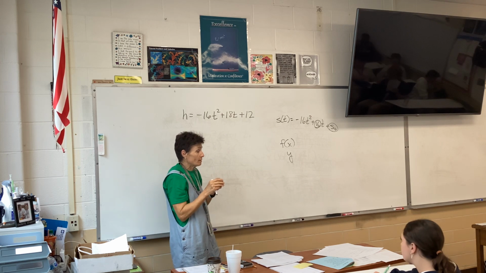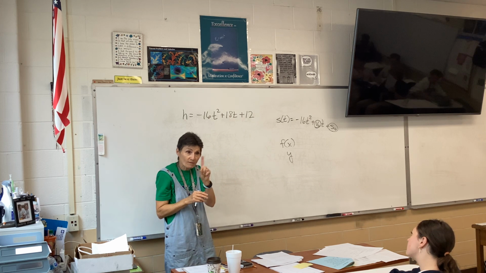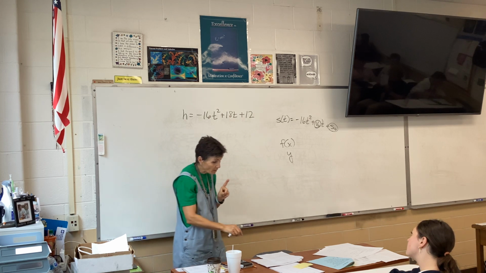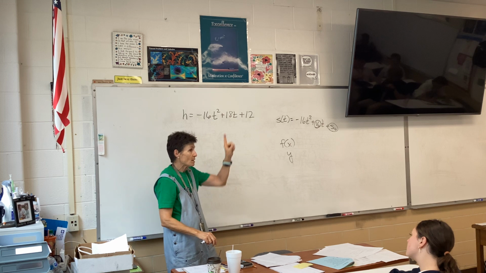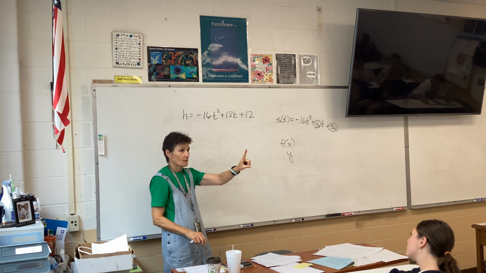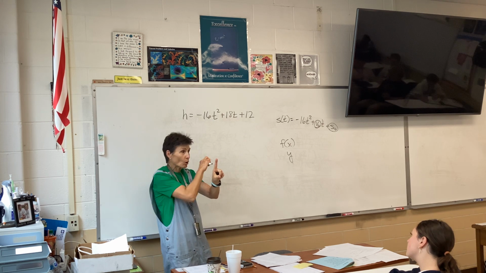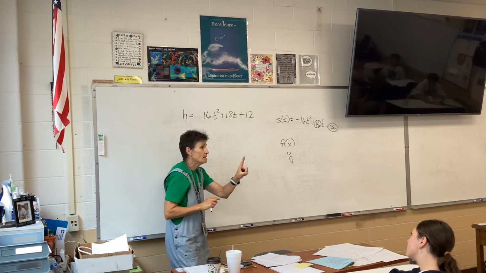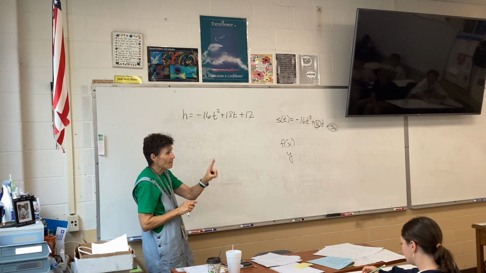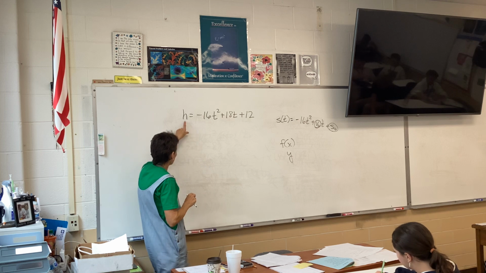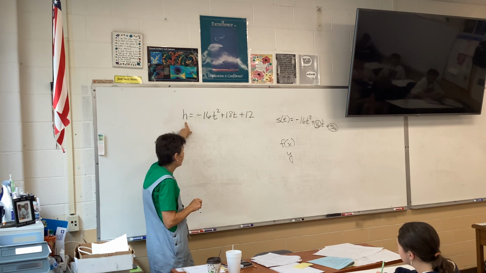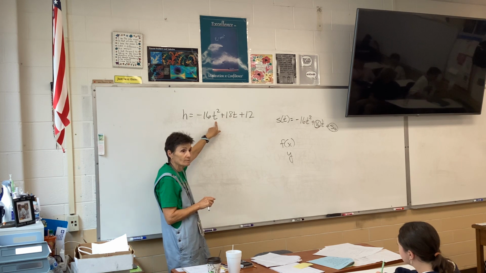Every question will give you one of those numbers. So when I read question C, it gives me 1 second. So the number 1 is going to go into this equation somewhere. How high is it after 1 second? Will the 1 go in here, or will the 1 go in here?